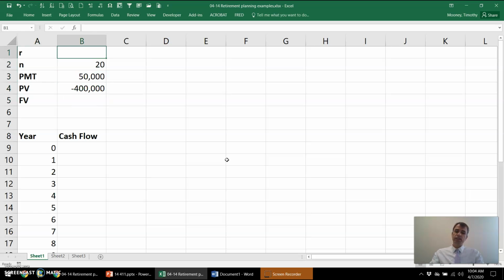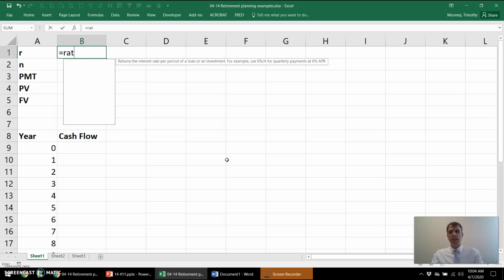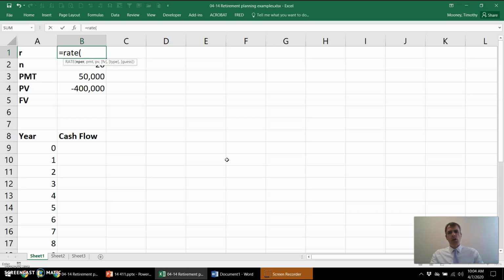And so to figure this out, with just an annuity of retirement withdrawals, we use the rate function to solve for the discount rate. What return do we have to earn to make this $400,000 last 20 years and fund $50,000 withdrawals per year? So the first argument, 20 years we save for. Annual withdrawals are $50,000.